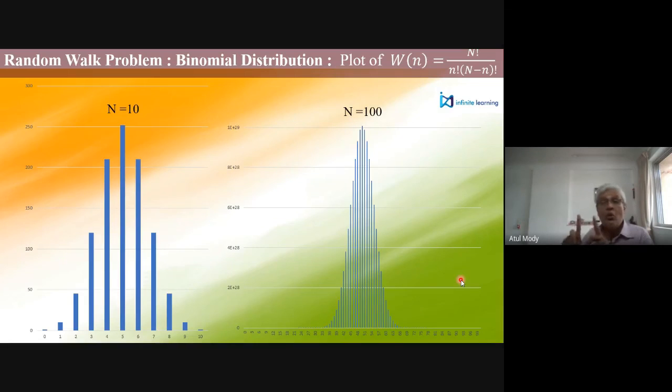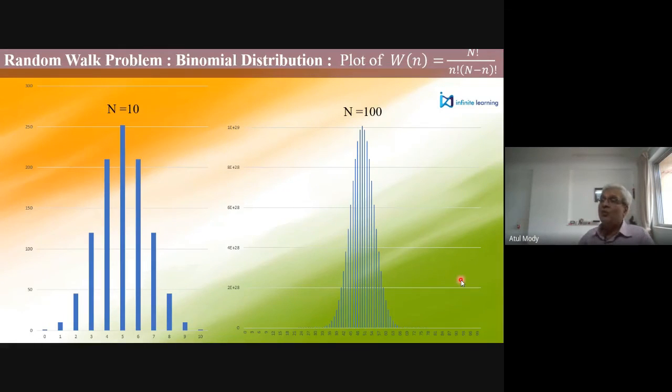Now, this is the case when you have half of the box on one side and the other half on the other side. Suppose I make one side of the box smaller and smaller. So let's say 1/10 of the box on the left and 9/10 on the right, which means now my probability P will be 0.1 and probability Q will be 0.9.